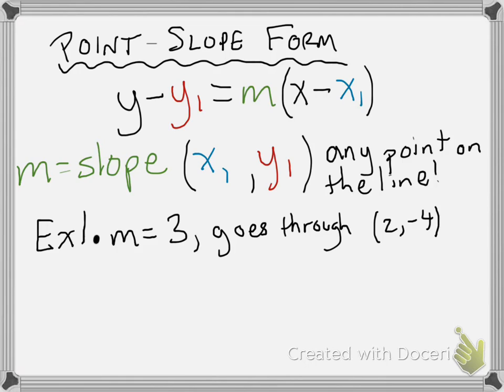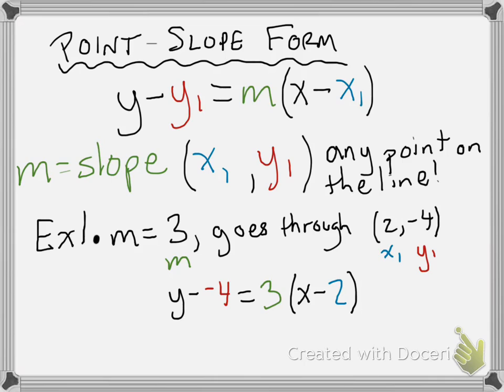Okay, so in our point slope form, we know that we are going to replace the m with 3, because m, our slope, is 3, and we're going to replace x1 with 2, because our x value in that point is 2, and we will replace y1 with -4, because our y value in our point is -4. So as we write it, we see y minus -4 equals 3 times x minus 2.